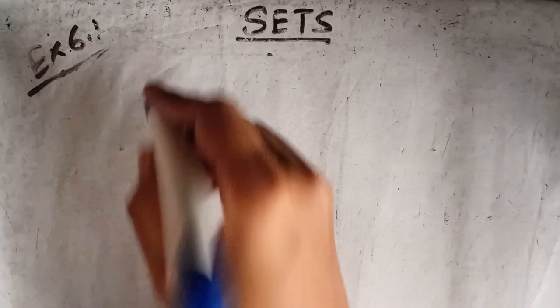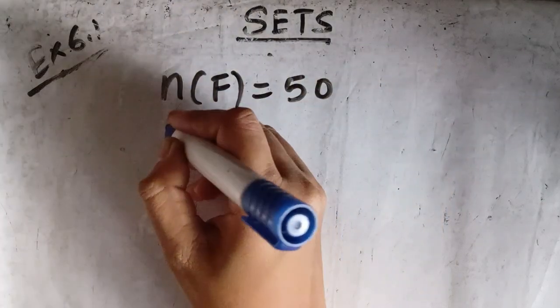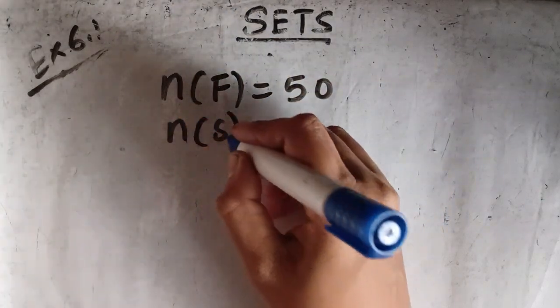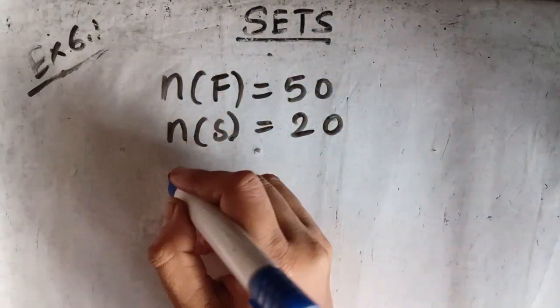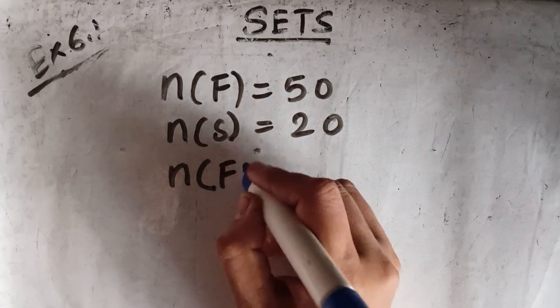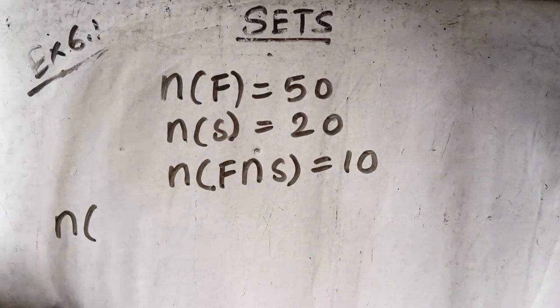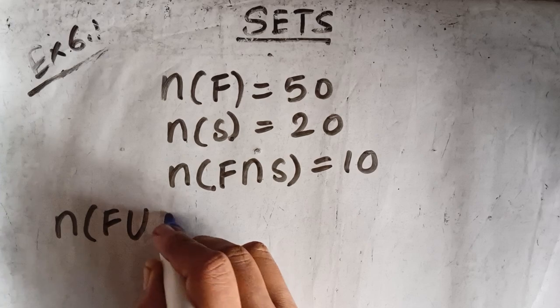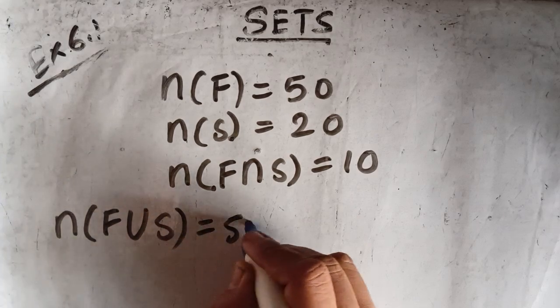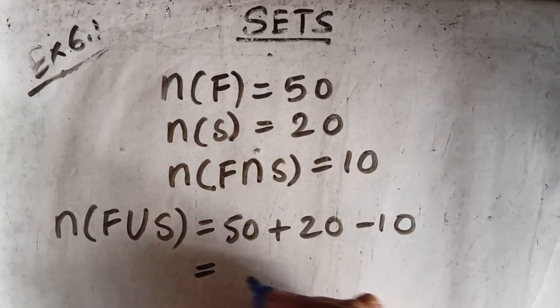So 50 French, Spanish 20, and 10 both. So this is the intersection, and you have to find the union. 50 plus 20 minus 10. So this is 60.